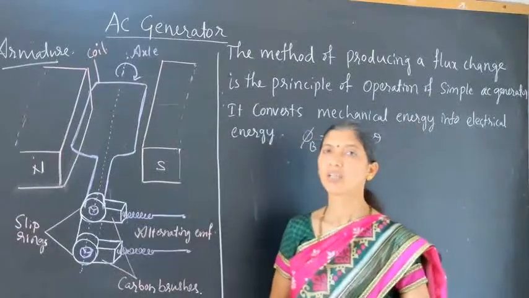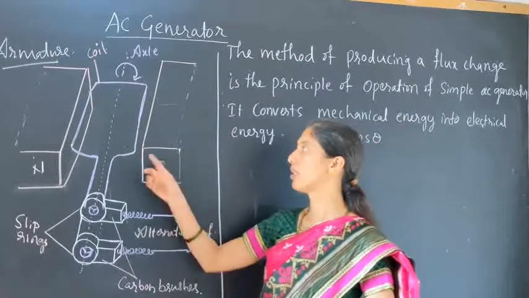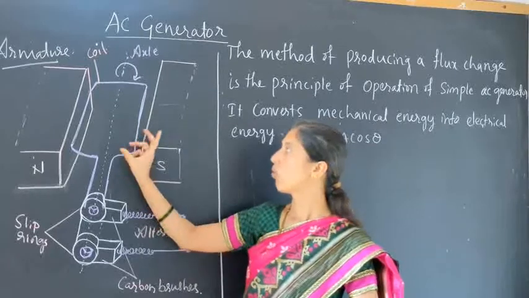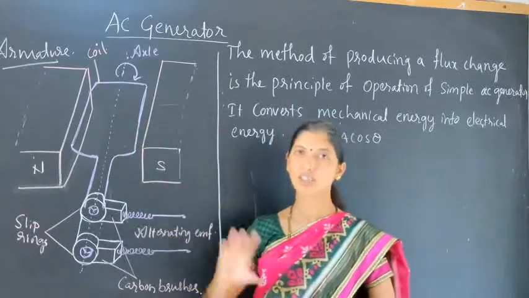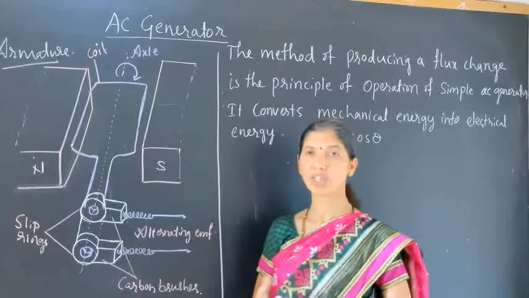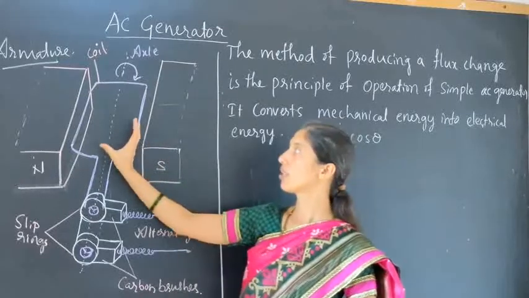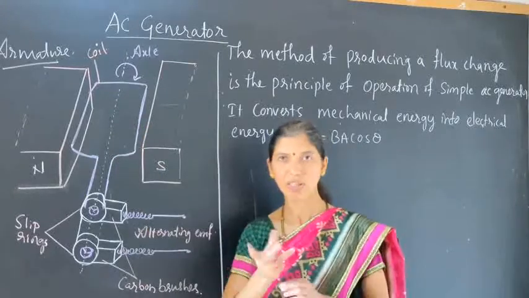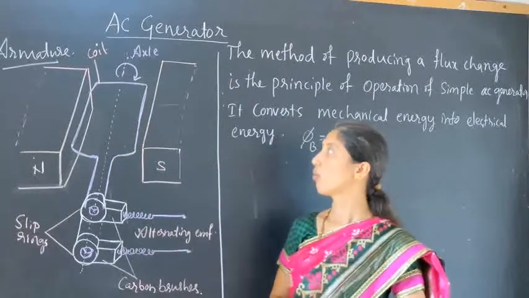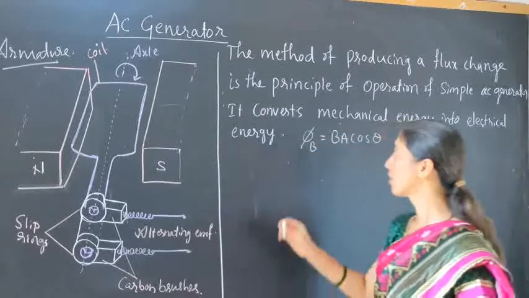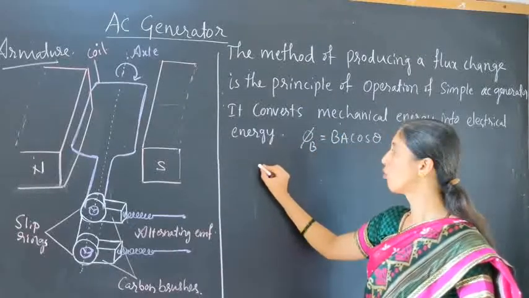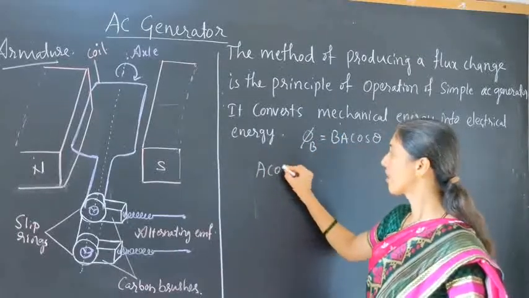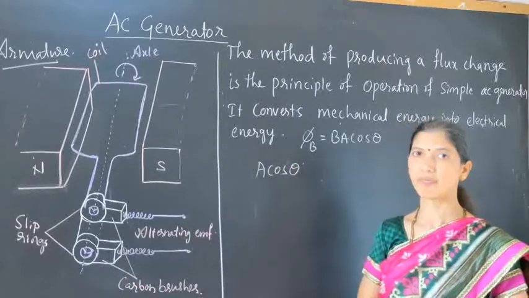Here, one method to induce the EMF is the change in the orientation of the loop. How to change the orientation of the loop? That means changing the effective area of the loop by rotating it. When you rotate it, the effective area of the loop is A cos theta.